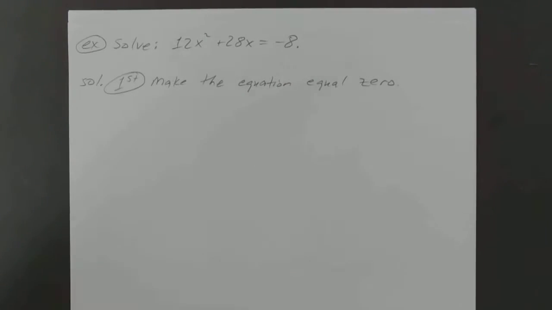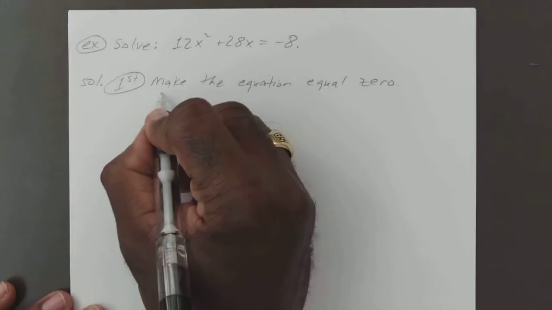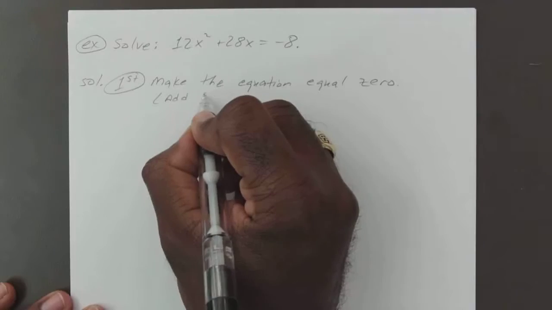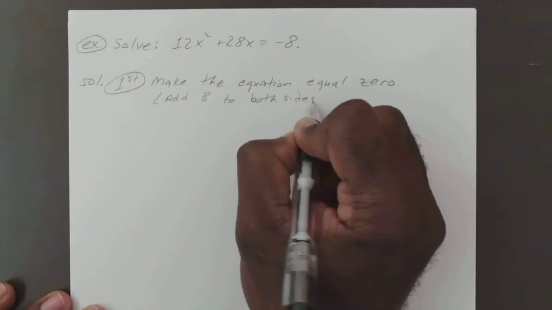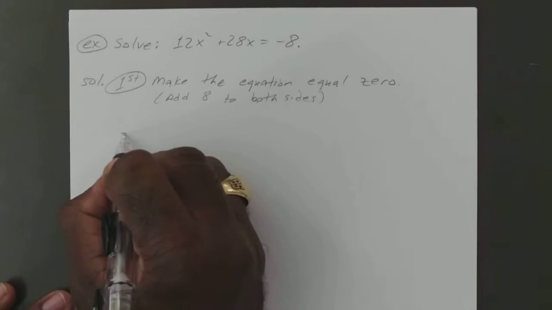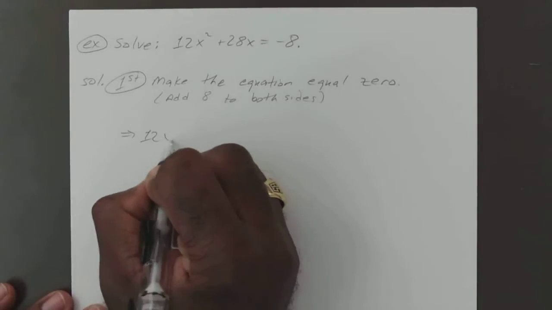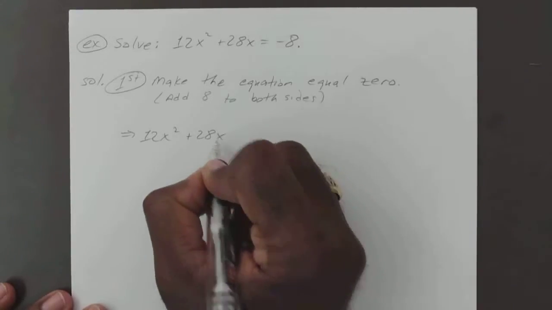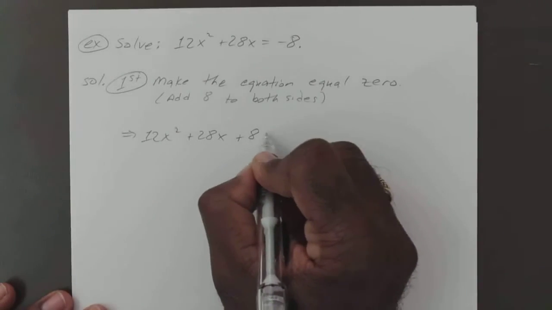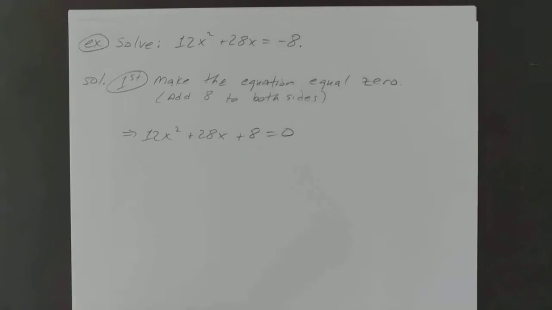We do that by adding 8 to both sides. So that would give us 12x squared plus 28x plus 8 equals 0.